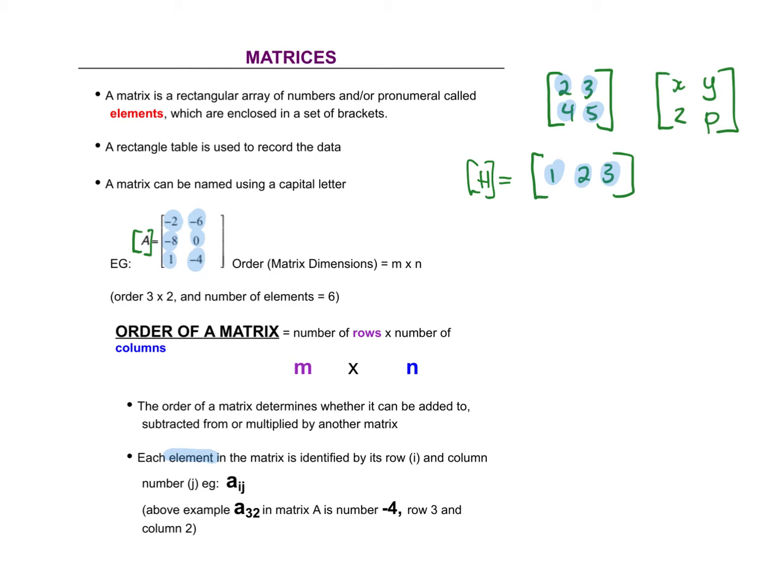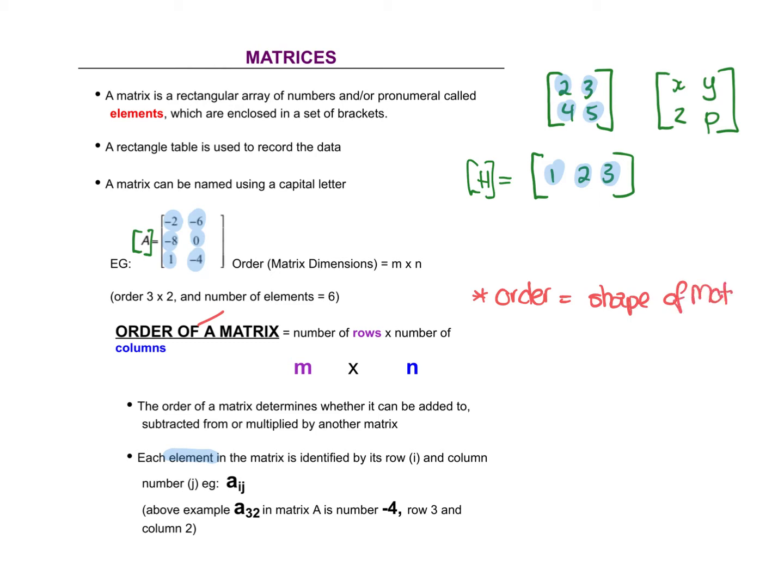Sometimes we want to talk about a particular element, so we need to be able to describe our matrix. The way we describe the shape of the matrix is the order.